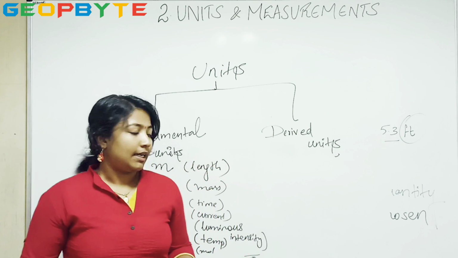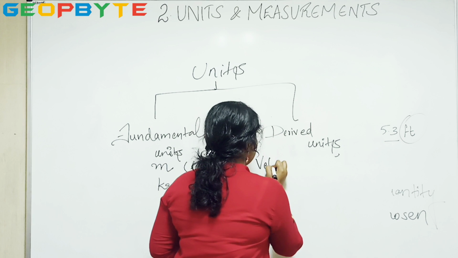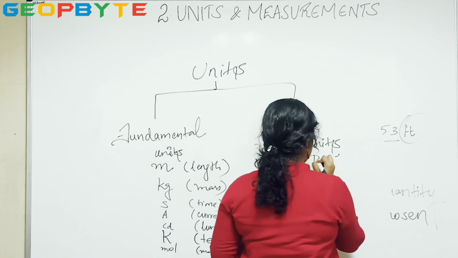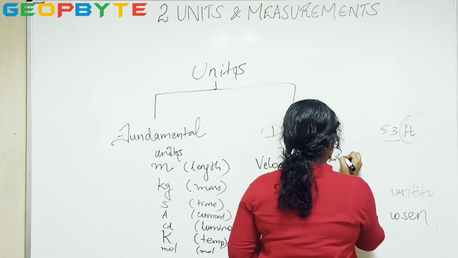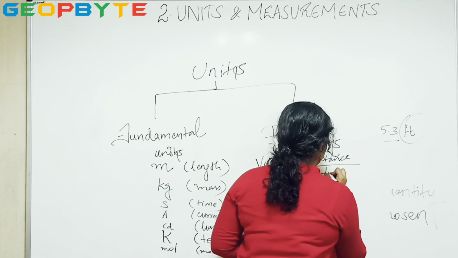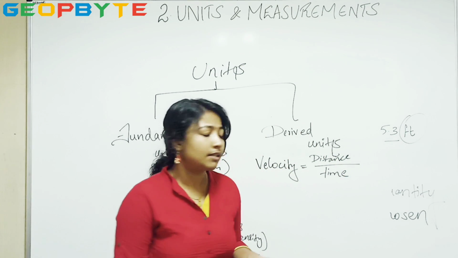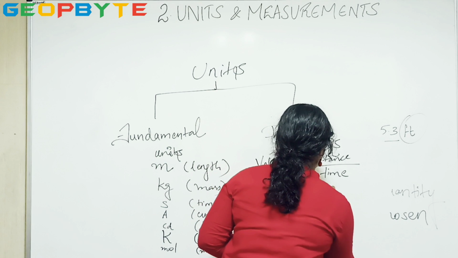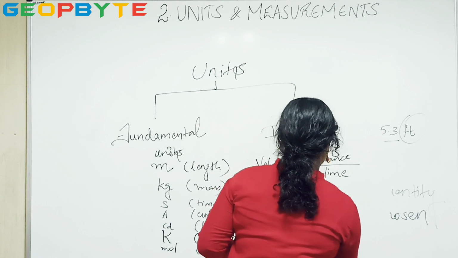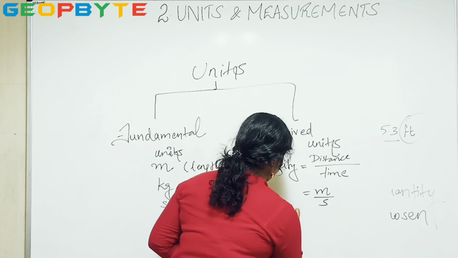From your lower class, you know that velocity is equal to distance or displacement by time. What is the unit of distance? It is meter. What is the unit of time? That is second.